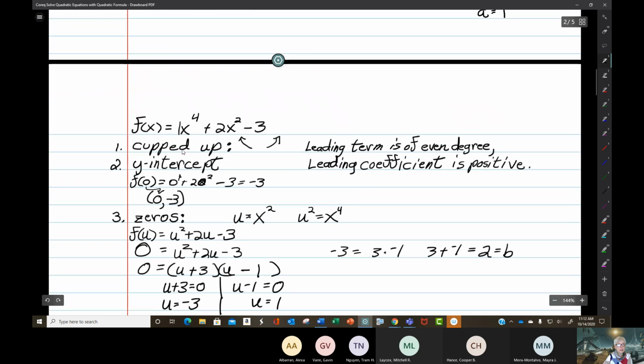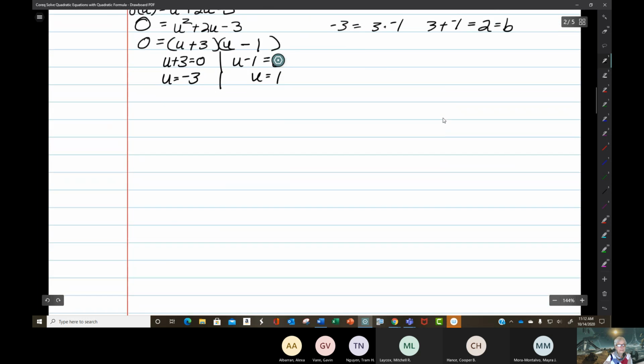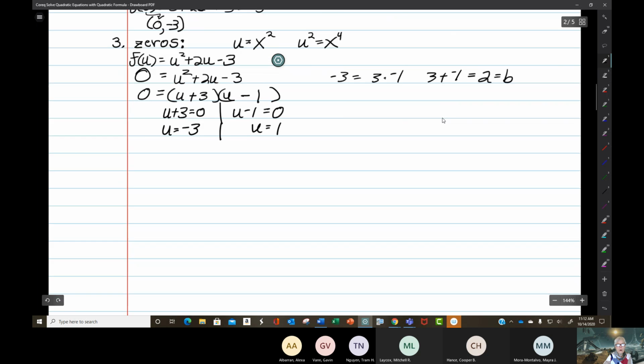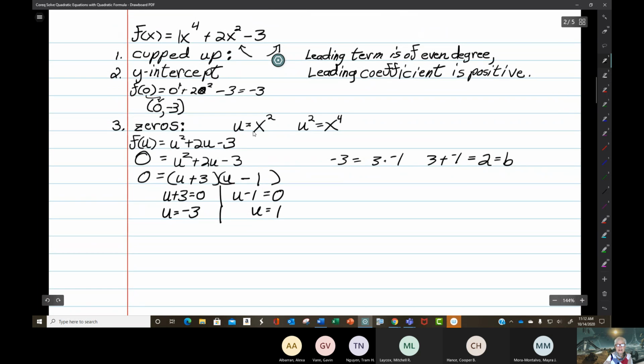Because the original function had x's, I decided to call them x. We now are going to have to resubstitute what U really equals, and that's x squared.